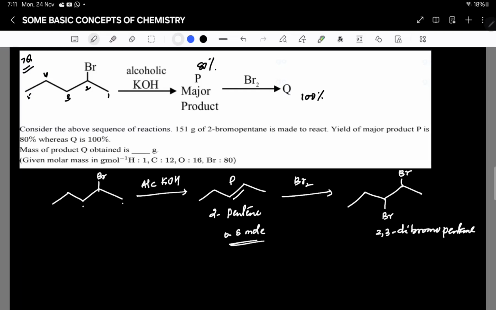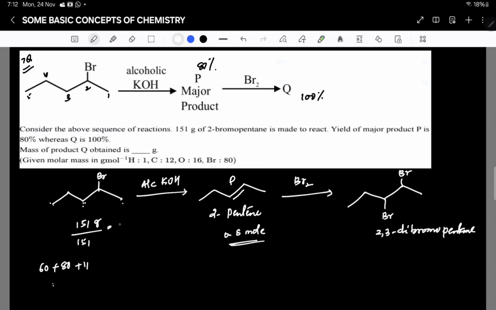Why? Because, student, here 151 gram is given, right? Now we will calculate the number of moles, student. 1, 2, 3, 4, 5. 5 carbon atoms are there. 60 plus 1 bromine is 80. So around it will be 151, right?